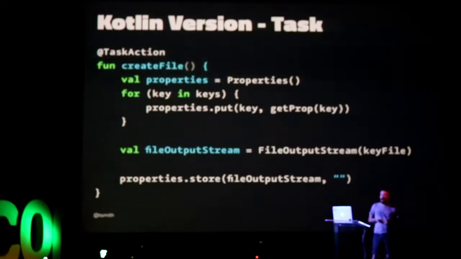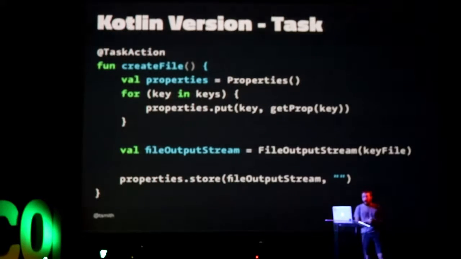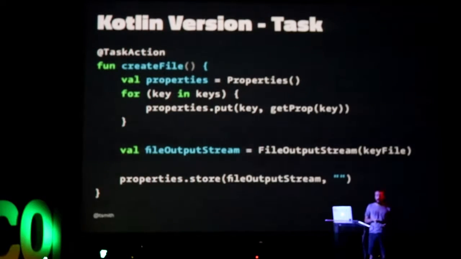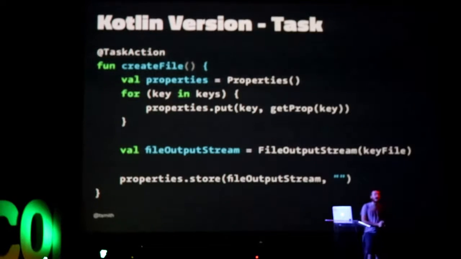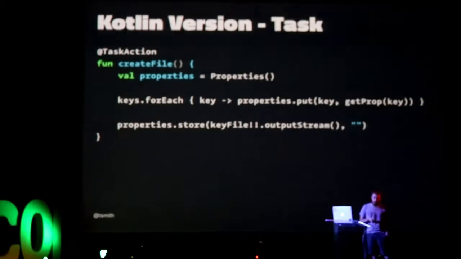Here's a version of the create file function translated line by line, similar to Groovy. Kotlin doesn't have checked exceptions either, so any uncaught exceptions will just be elevated to the caller here, so we don't need to have that verbosity that we saw in the Java project.